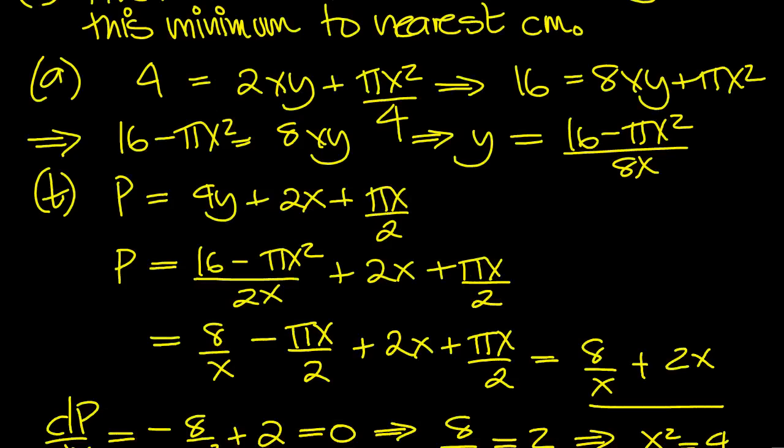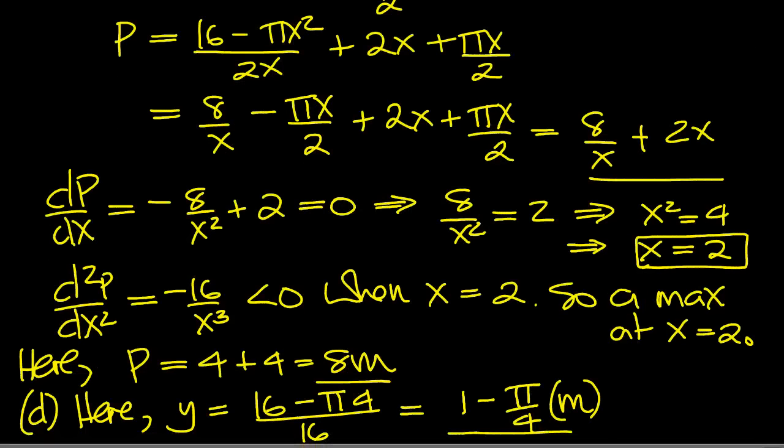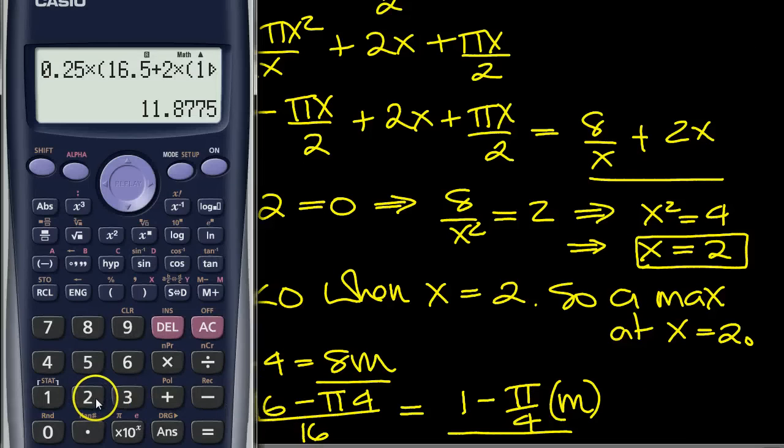Does it ask for decimal places? To the nearest centimetre, so let's tap it in. 1 minus pi, divided by 4, equals.